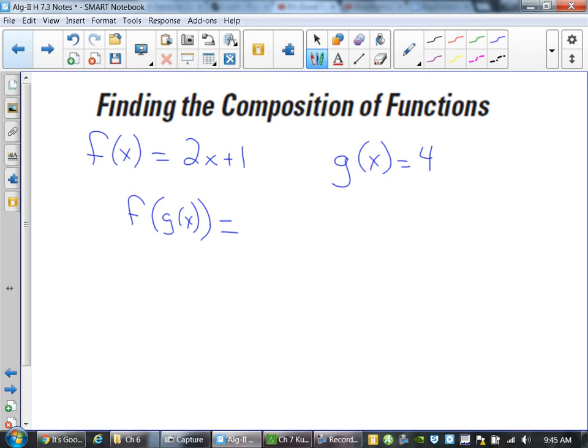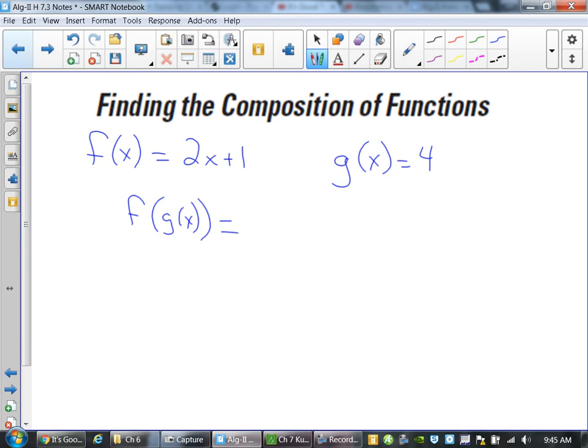You might have seen it written like this before, maybe back in algebra. Did you ever see this in geometry? No, I know you've never seen this in geometry. Composite functions basically means you're going to take one function and substitute it into the other function.